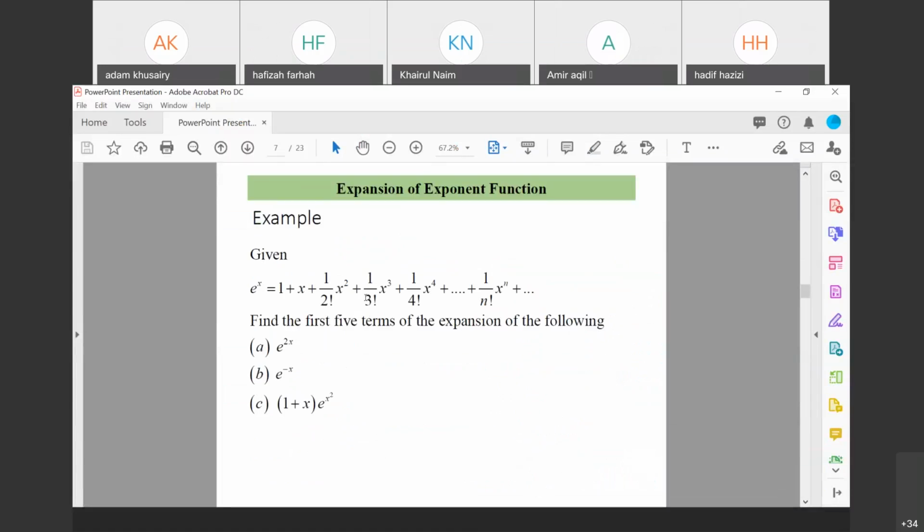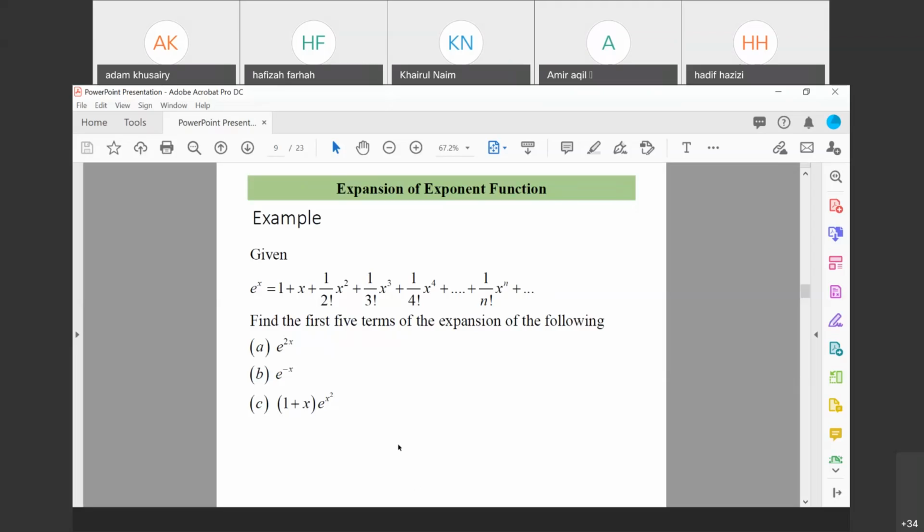Selesai. Okay, for this question, they already give you the expansion of e^x. Okay, e^x is in this form. Now what you need to do is find the first 5 terms of the expansion of the following function. So the first one is you have to find e to the power of 2x.